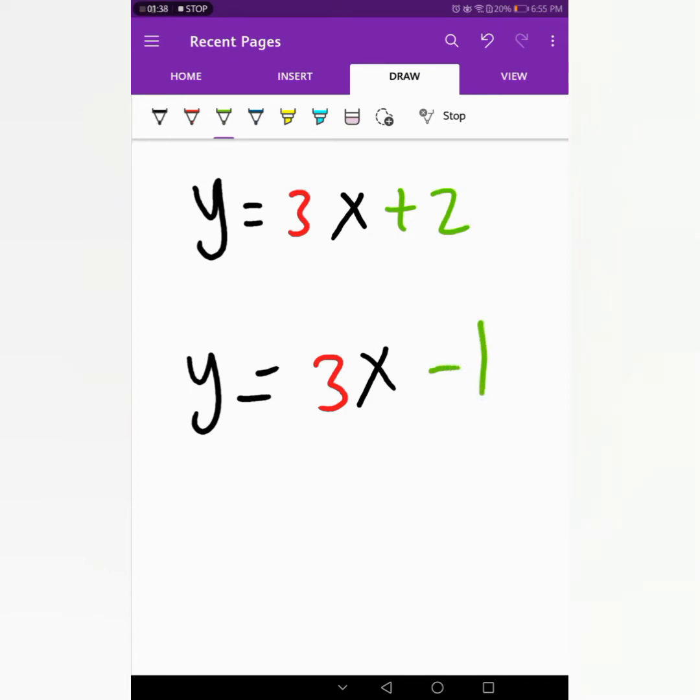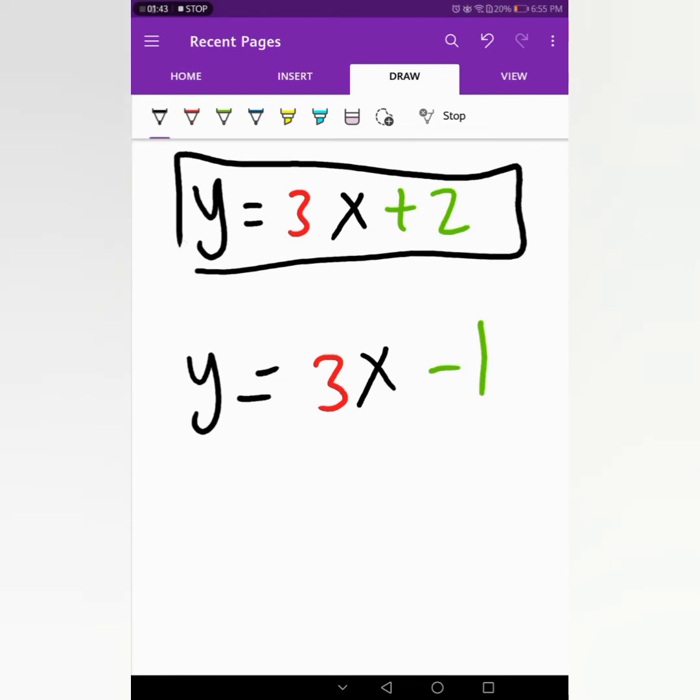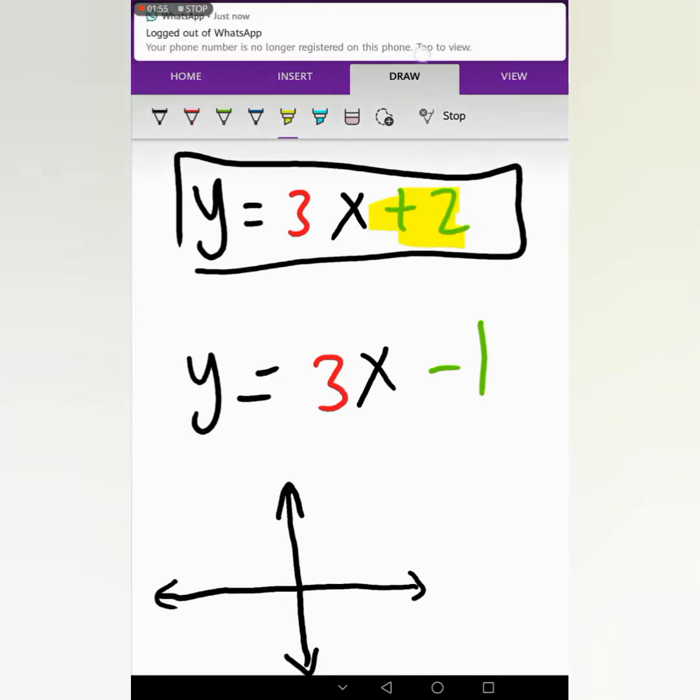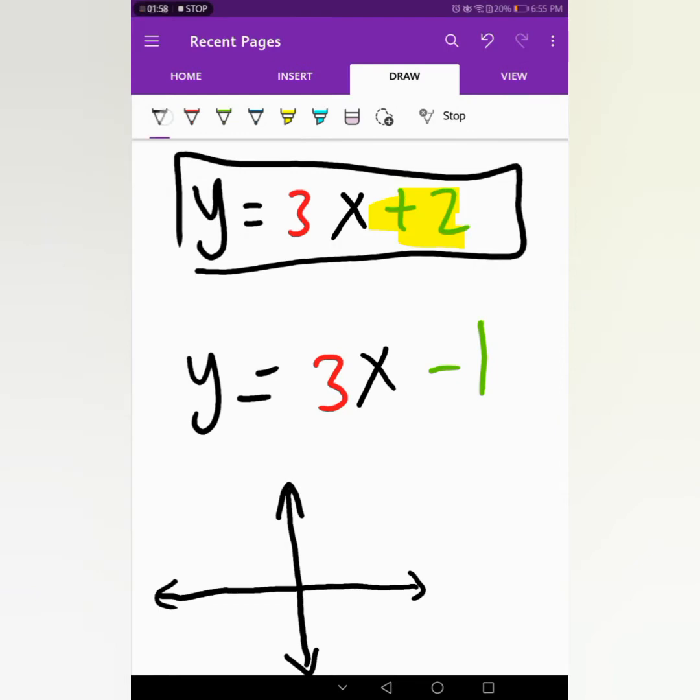If we graph these equations, as my students know before, the first will intersect the y axis at plus 2, so it will pass through here, a straight line.